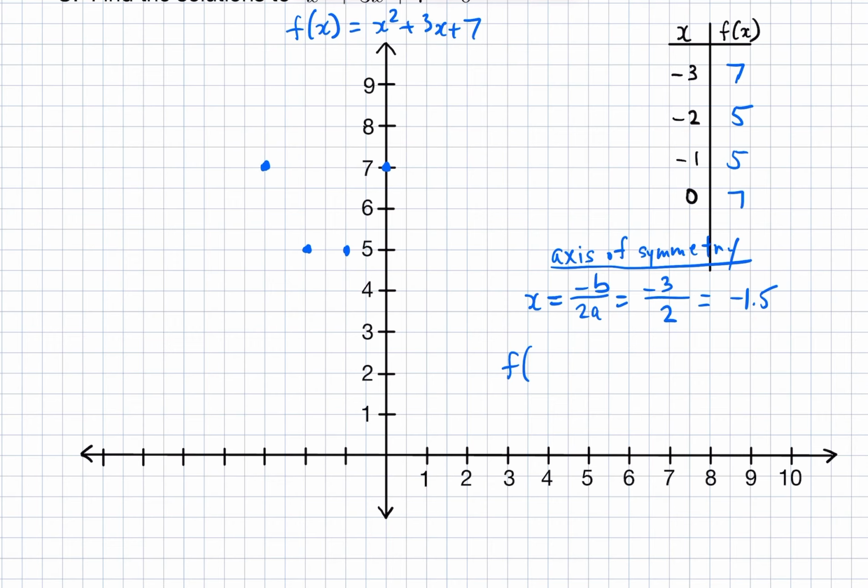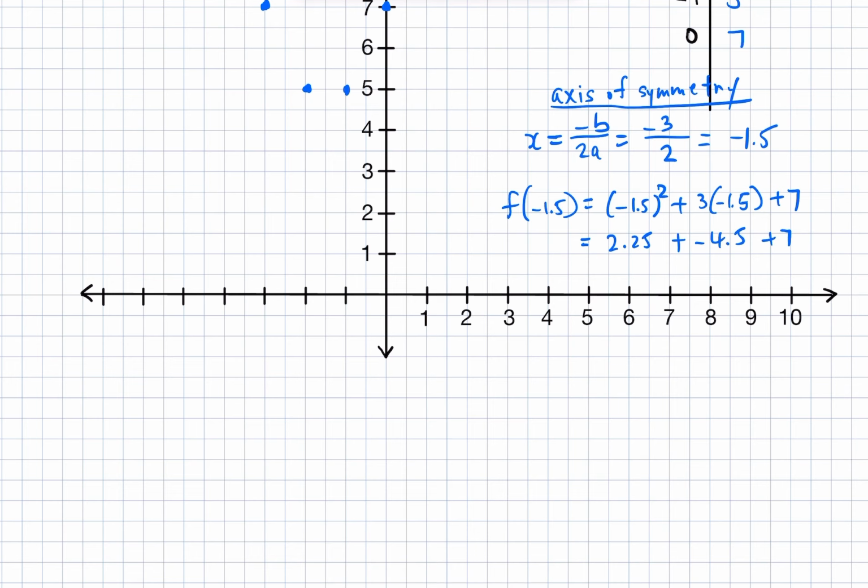Okay, so f of negative 1.5 is going to be equal to negative 1.5 squared plus 3 times negative 1.5, plus 7. And that's going to give us 2.25 plus negative 4.5 plus 7.